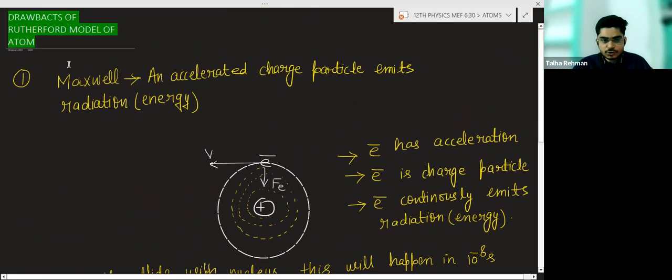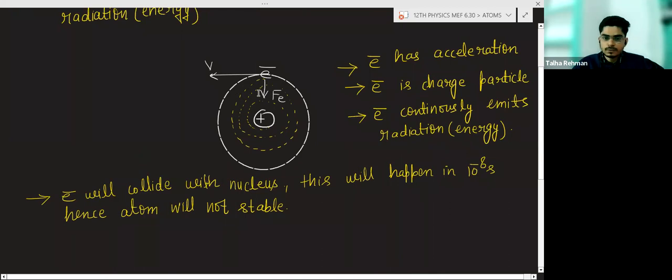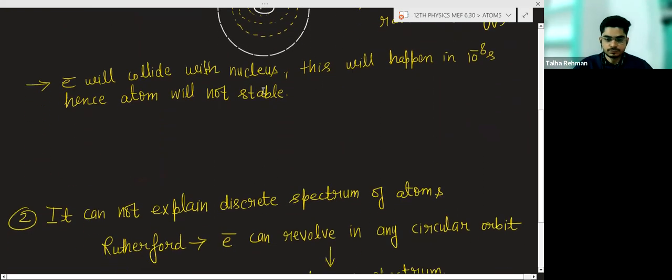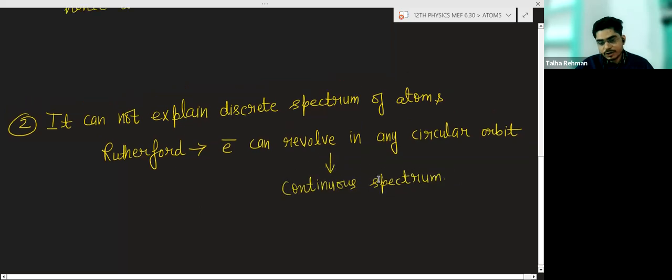So basically, this is the drawback of the Rutherford model of the atom. Second, according to Rutherford, the electron can revolve in any orbit, and it cannot explain the discrete spectrum of the atom.